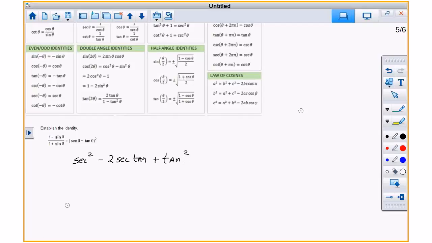Secant squared minus 2 secant tan plus tan squared. Okay, let's write the secant. The secant is equal to the what? 1 over the cosine. So that's 1 over the cosine squared of x, minus 2 times 1 over the cosine.